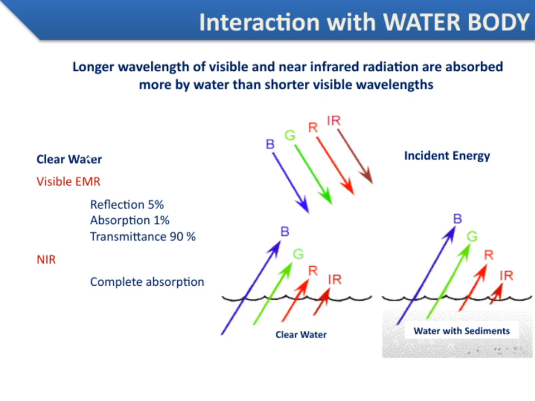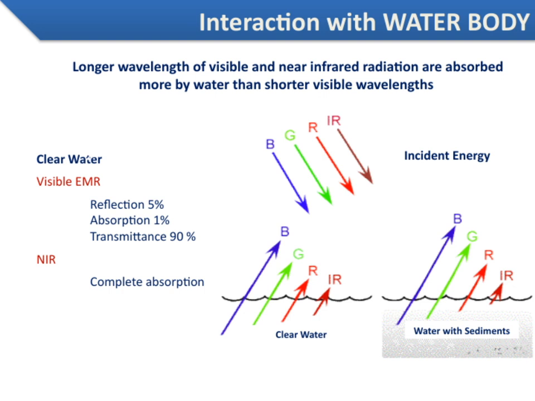Now, when we shift our focus to near-infrared, or NIR, the story changes quite a bit. Water tends to absorb NIR almost completely, meaning very little of this radiation passes through or is reflected. This brings us to an important point about wavelengths. Longer wavelengths, which include the near-infrared regions, are absorbed more by water compared to shorter visible wavelengths.